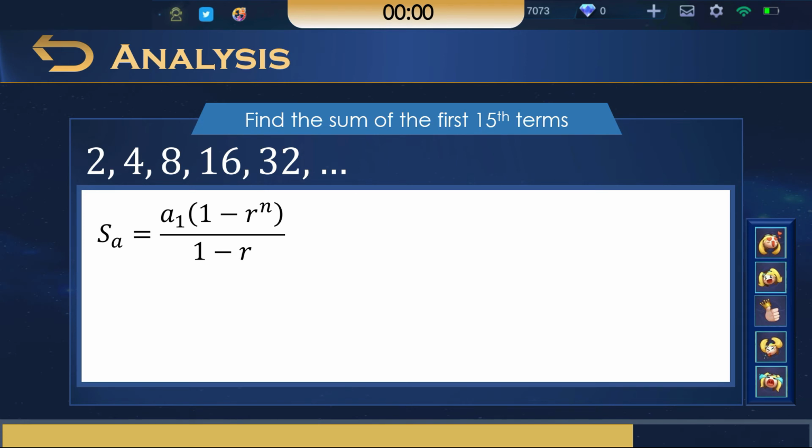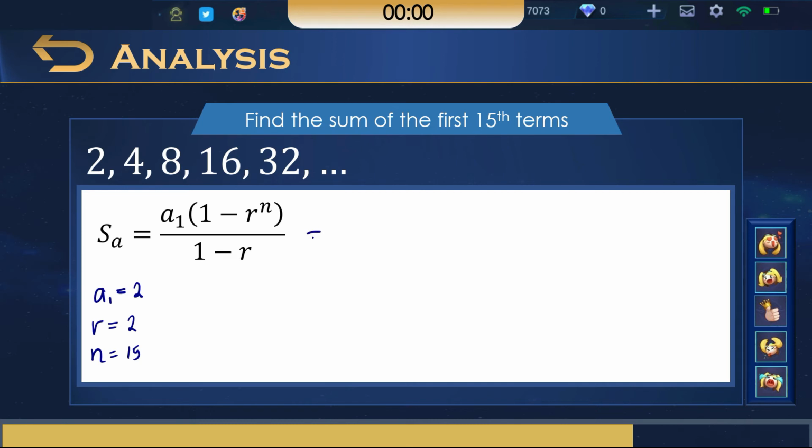Okay, let us now find the sum of the first 15 terms. First, we are going to look for the given variables. Here we have a sub 1, which is 2, the common ratio, which is 2, and n, which is 15, since we are looking for the sum of the first 15 terms of the given sequence.